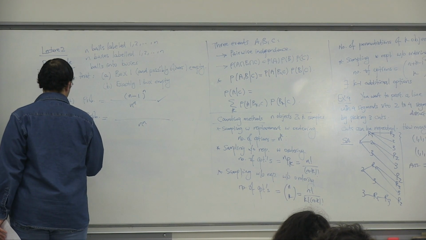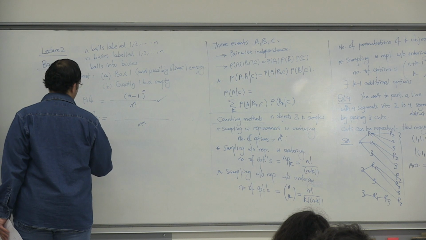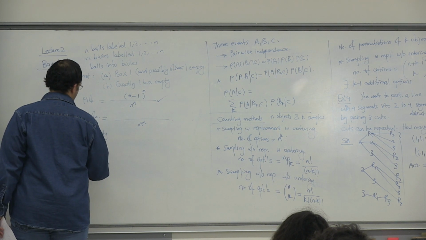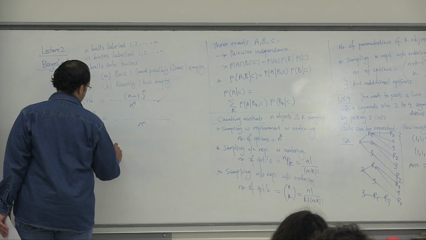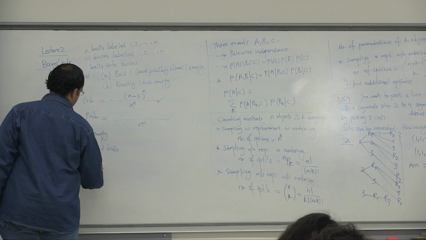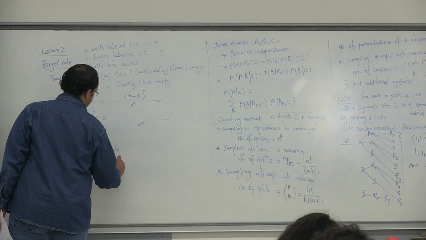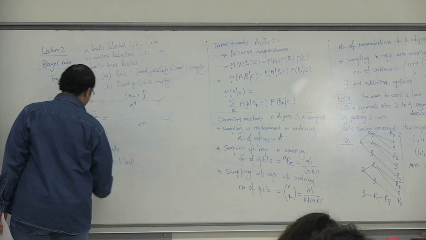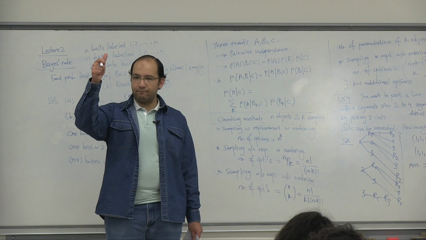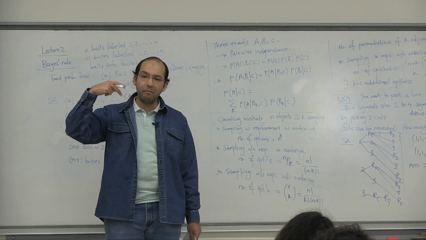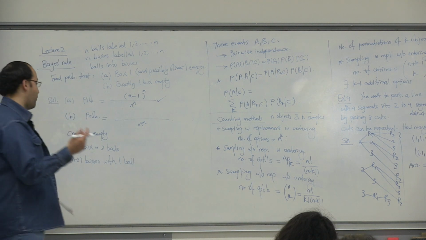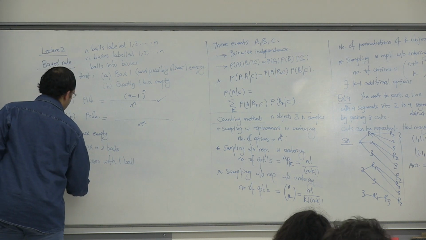So 1 box empty, 1 box with 2 balls, n minus 2 boxes with 1 ball, and what? Exactly. And then picking 2 balls. Because balls here are unique, you need to pick specific 2 balls, right? Picking 2 balls.